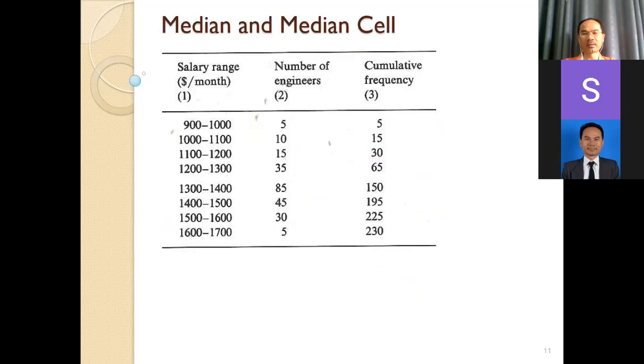For the median, the middle point is between 1, 2, 3, 4 and 1, 2, 3, 4. The middle point should be between the values 1,300 and 1,400.